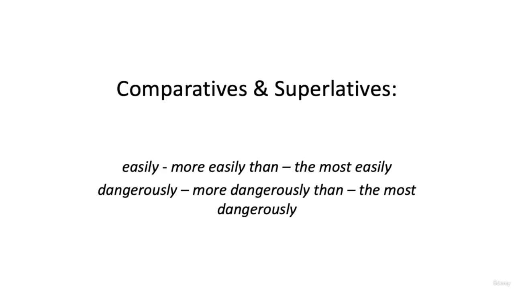Great job! Now, let's look at how to form comparatives and superlatives with adverbs. Adverbs are used to indicate comparison in the same way as adjectives, by using more and than and the most to form the comparative and superlative forms, with all adverbs that end in ly, no matter how many syllables there are.